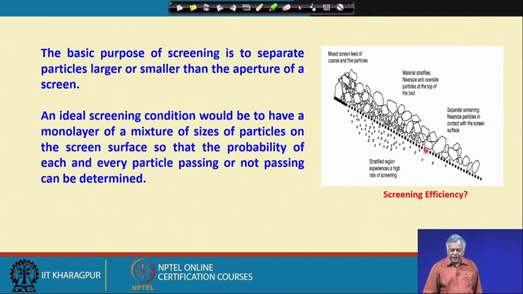So, this is again a challenging area for research: you can think of designing a better screen surface, without changing the total aperture opening area available, so that we can increase the capacity of my screen without compromising the quality of my product.